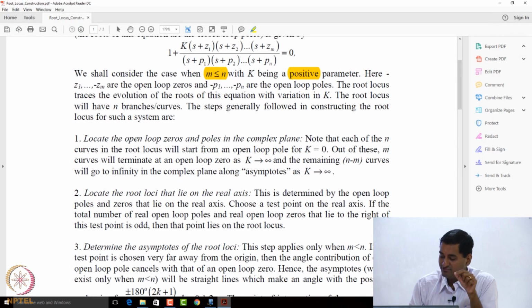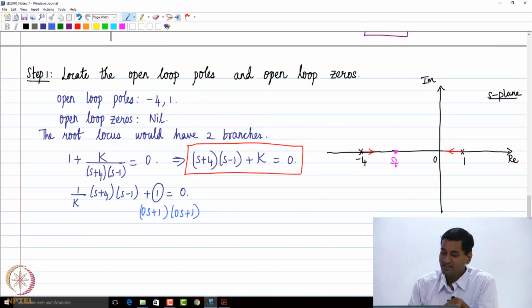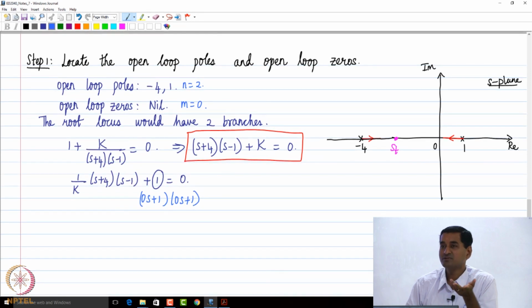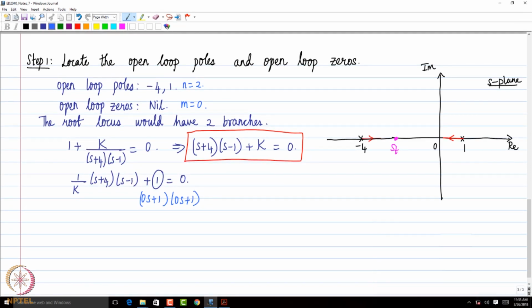If we had m to be non-zero, in this case m was 0. In our example m was 0, n was 2. Since m was 0, I do not have any branch of the root locus terminating at an open loop zero. Suppose m were 1, let me write it as an example.